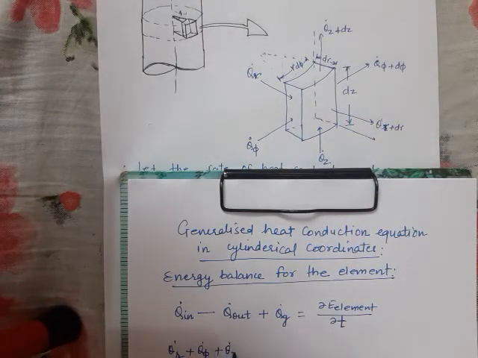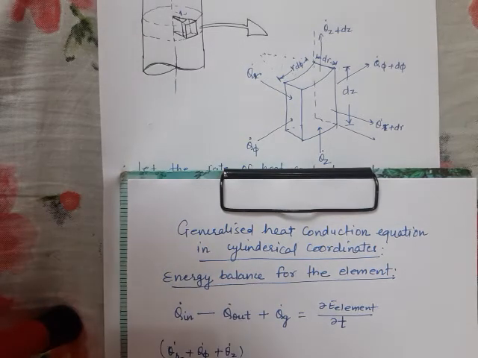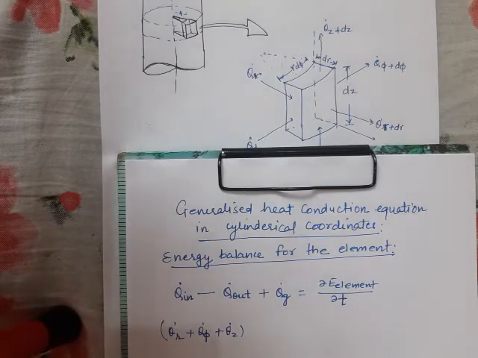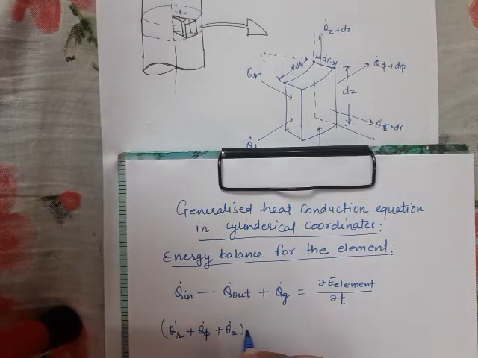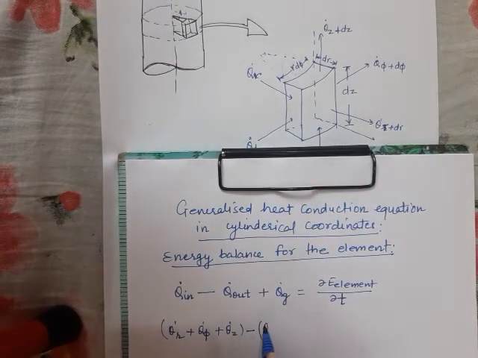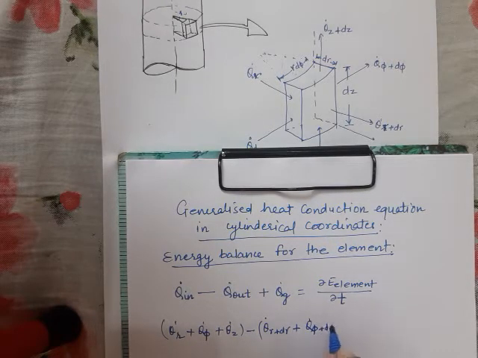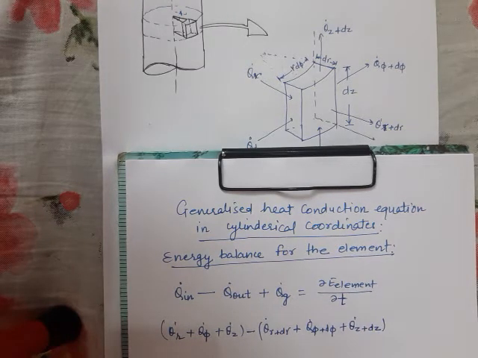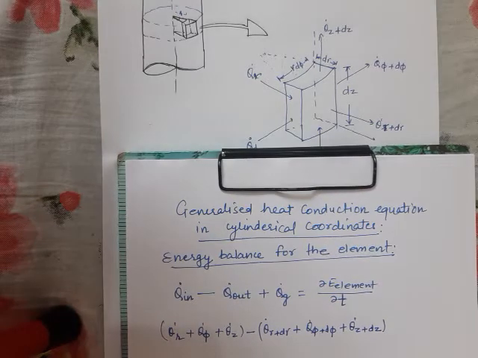This is the total rate at which heat is entering the control volume, minus the heat going out of the element. In the radial direction it is Q r plus dr, in the phi direction it is Q phi plus d phi, and in the z direction it is Qz plus dz. Okay, clear to everyone?